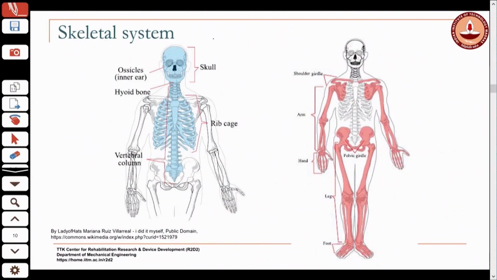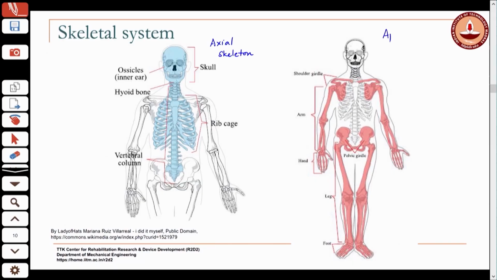So, the skeletal system can actually be classified into two parts. You have what is known as the axial skeleton, the central part of the skeleton along the axis, and then you have what is known as the appendicular skeleton.